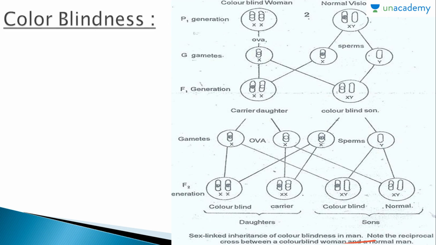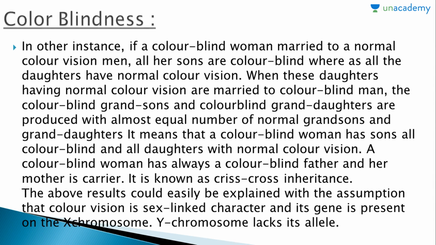Moving forward, in the other instance, if a color blind woman is married to a normal color vision man, all her sons are color blind, whereas all the daughters have normal color vision. When these daughters with normal color vision are married to a color blind man, color blind grandsons and color blind granddaughters are produced with almost equal numbers of normal grandsons and normal granddaughters.